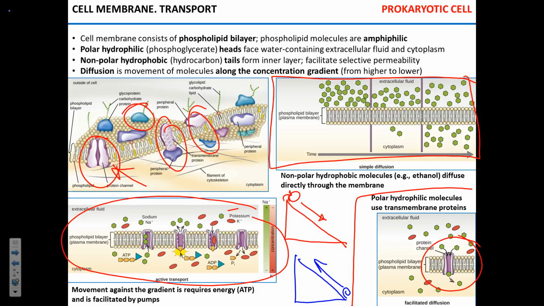Okay, so these slides, quote unquote slides, represent the gradient, the concentrations. So this is the diffusion, movement from high concentration to low concentration. This is active transport, movement from low concentration to high. Does that make sense? You probably know that already. Okay?